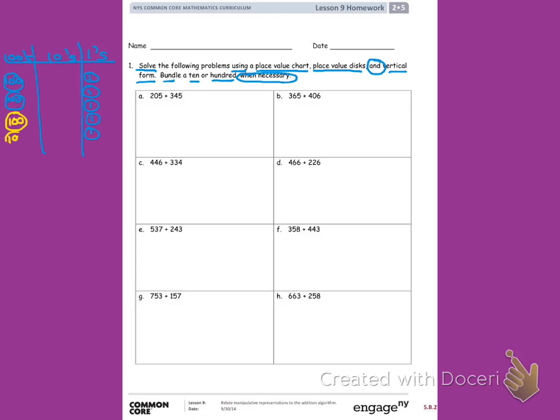Again, I'm finishing the 5 in a column. That's 345 with 3 groups of 100, 4 groups of 10, and 5 groups of 1.